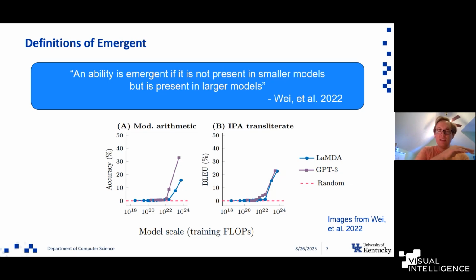We'll see that it's kind of performing at random, and then all of a sudden it jumps up and it starts getting very good. This phenomenon was the first early look at emergent capabilities, this sudden jump. Why is this large model suddenly capable of something that the smaller models aren't?